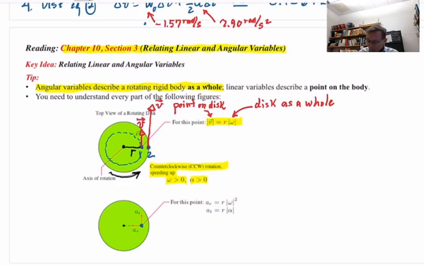Oof. That means that this point actually has 2 linear acceleration components. One we're familiar with, that points towards the center. And your book now calls that the radial acceleration component, pointing towards the center.